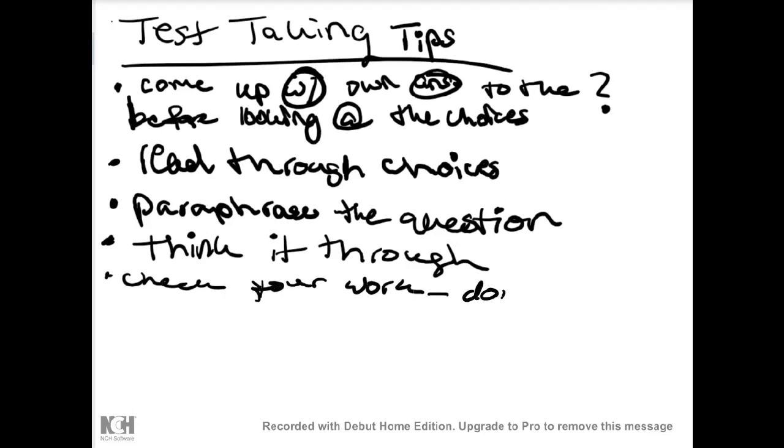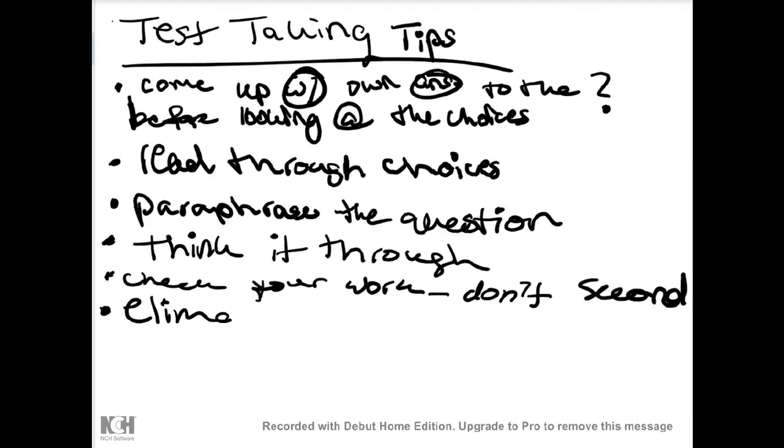But don't second guess. A lot of the time, if you have no clue about a question, it's completely out of left field for you, your gut instinct will be right. I've experienced this many times, so don't second guess yourself. And then you're going to want to eliminate wrong answers, just so that you narrow your thinking.